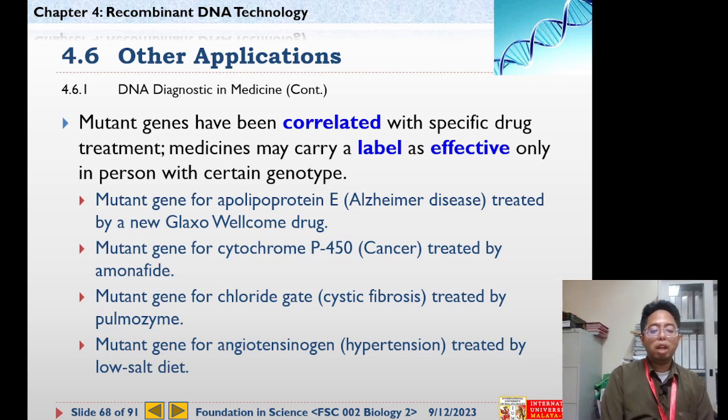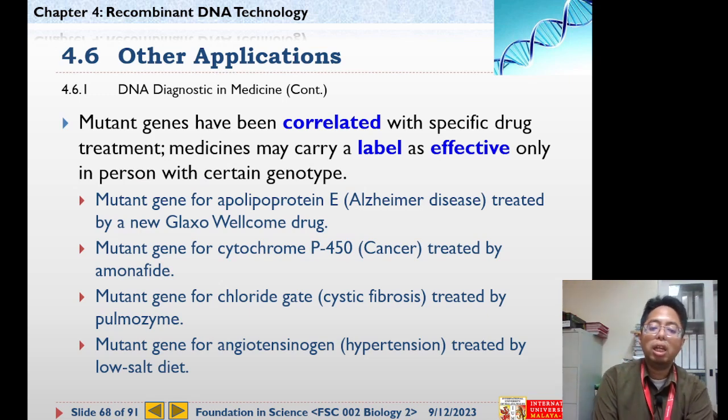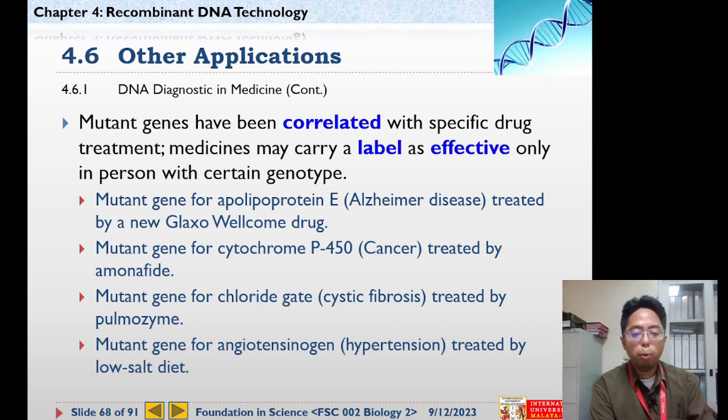So mutant genes have been correlated with specific drug treatments. For example, medicine can carry a label as effective only for certain people. People treated with the new Glaxo Wellcome drug can only be treated if they have the mutant gene for apolipoprotein E, a substance that is created by the brain of a person with Alzheimer's.